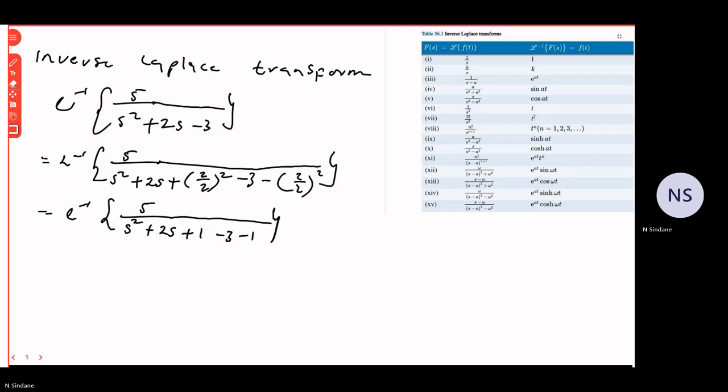Now I can factorize this, which will be s plus 1 squared minus 4.